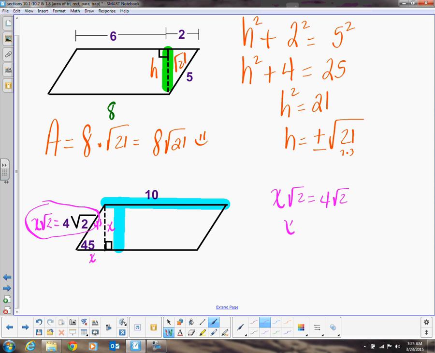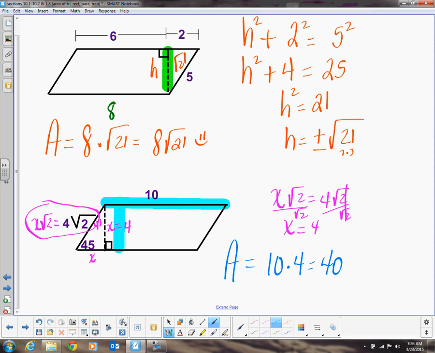So what does x equal? Because you divided by square root of 2. So this is 4. So how are we going to find this area? Base times height, or 40. What am I requiring you to remember?